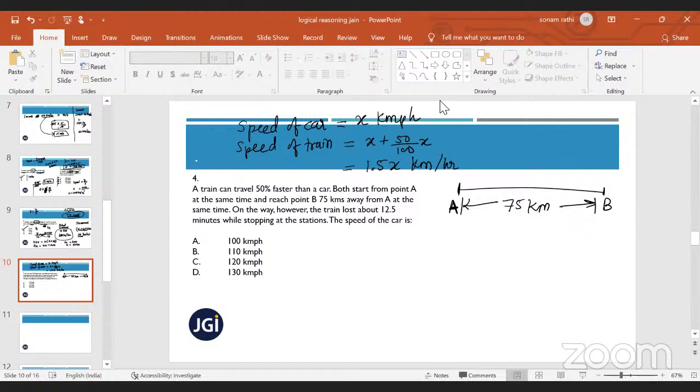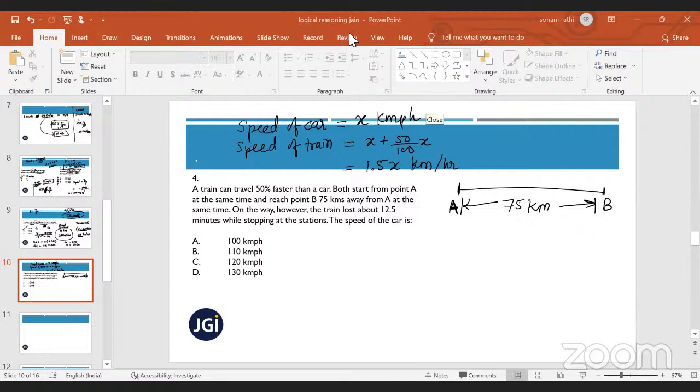Okay, so who should reach faster? Tell me, who should reach earlier? They are saying both are reaching point B at the same time. But who should ideally reach fast?